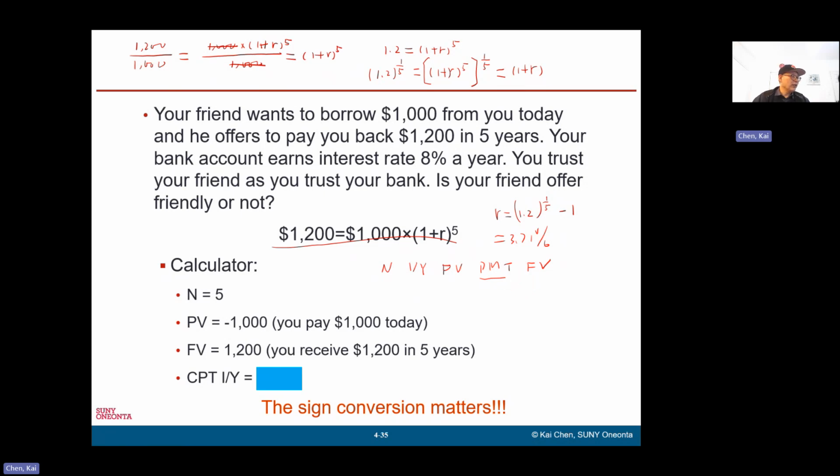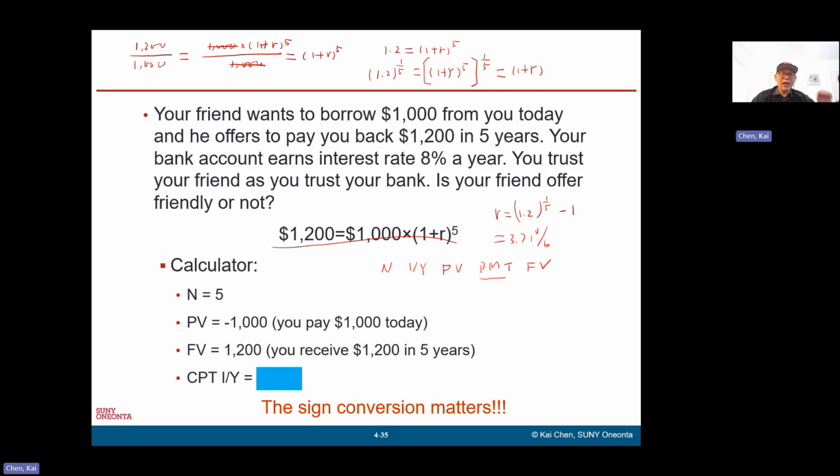From now on, generally, I'm not going to show you how to operate the financial calculator for the time value problem.